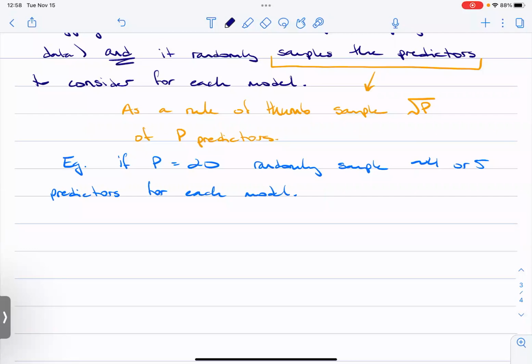Now, what's super cool about the random forest algorithm is that it's able to detect which predictors are more important, and it can even detect interactions that it should be including in the model. That's pretty sophisticated.